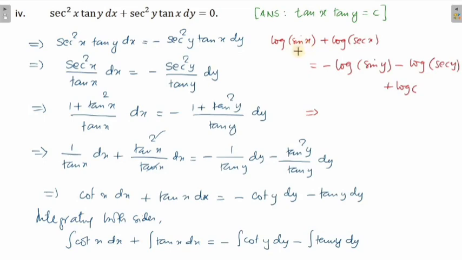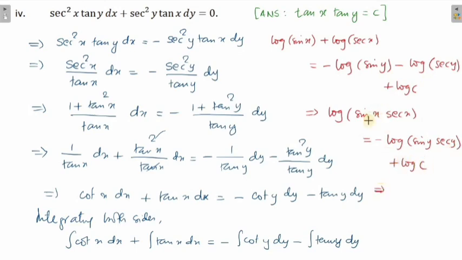So when you simplify this, how much does it become? So it becomes, log a plus log b is log ab, that is log sin x sec x. Similarly, this becomes minus log sin y sec y, plus log c is always there.